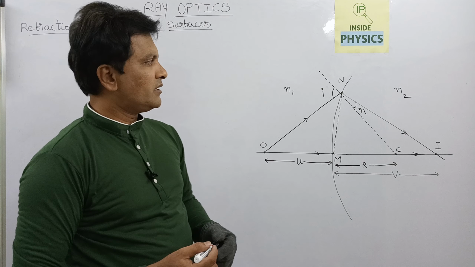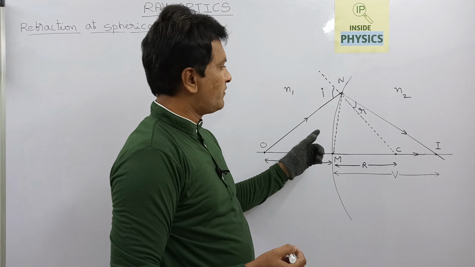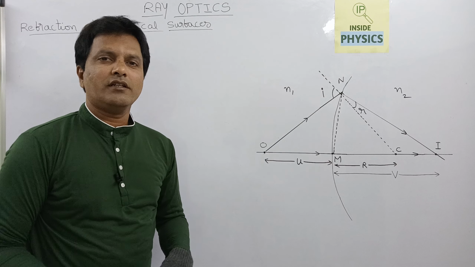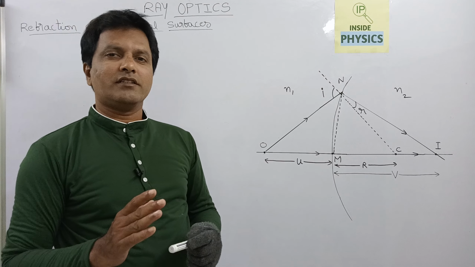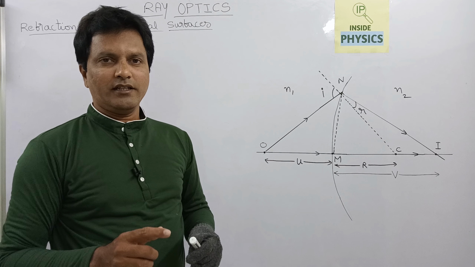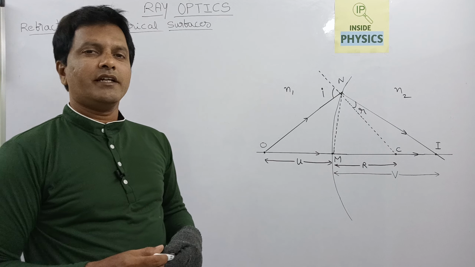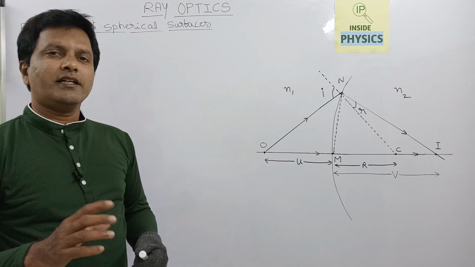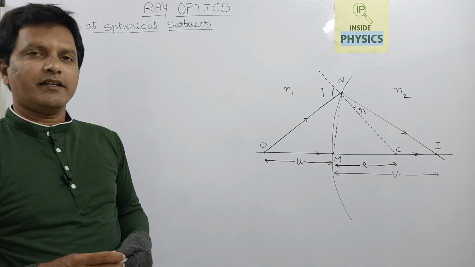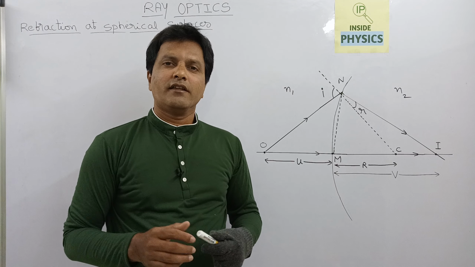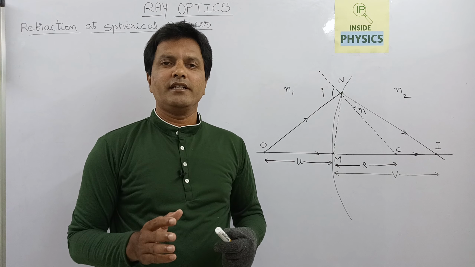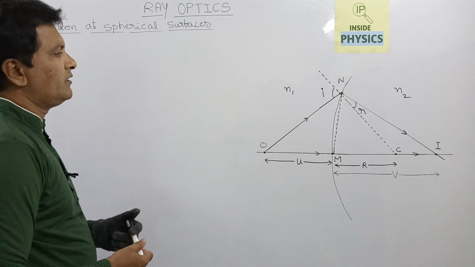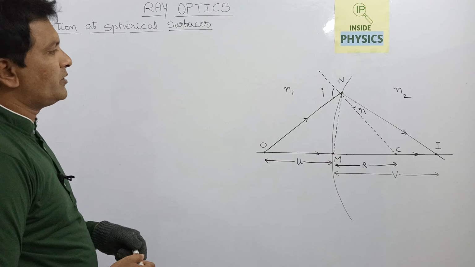Bending means, because the velocity of light from one medium to another medium will change, the light ray will be changing its direction of path when it is passing from one medium to another medium. The change of direction of the light ray happens because the velocity of light in different mediums is different.